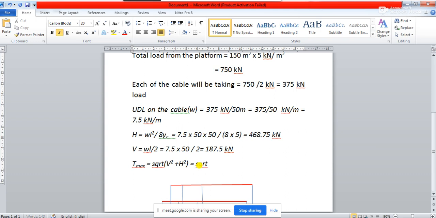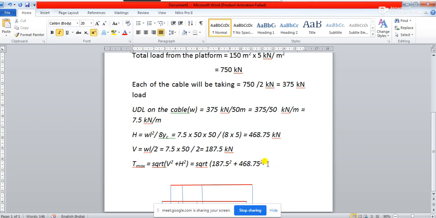So T max equals the square root of V squared plus H squared. V is 187.5 squared, plus H, 468.75 squared.